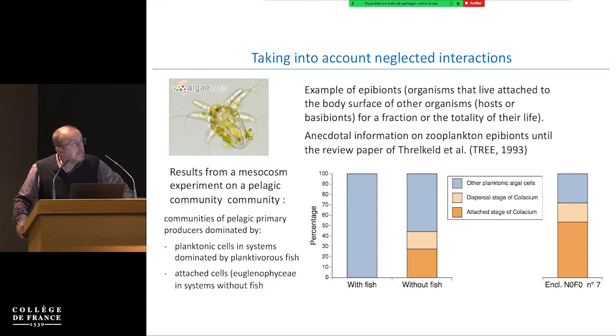Here, on the right, I just put the results for one enclosure, which was particularly dominated by epibionts, where primary producers represented more than half of the community in terms of abundance. So it is just to say that perhaps what is important and what is negligible is not so evident.